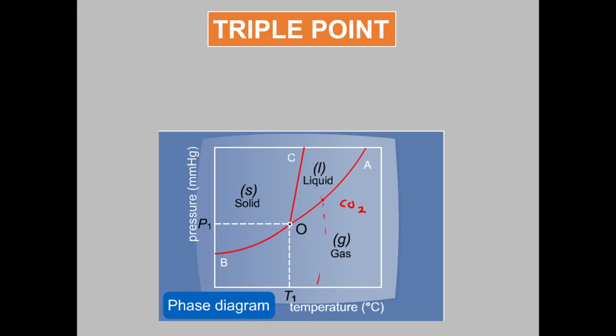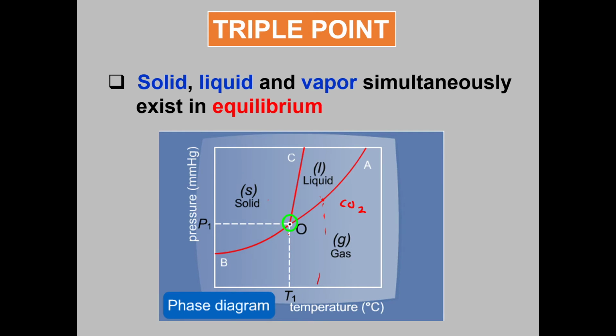Okay. Since we have two, we also have a point where all three phases coexist in a peaceful manner, where it is not a gas, not a solid, not a liquid. Okay. If we look at it, we don't know what it is.